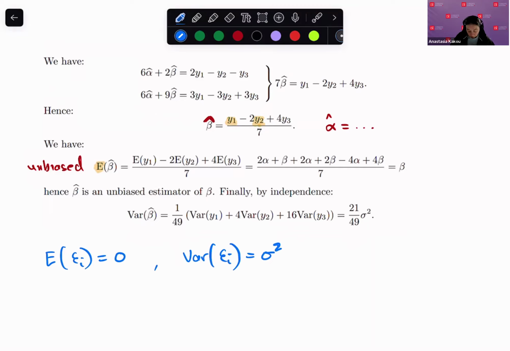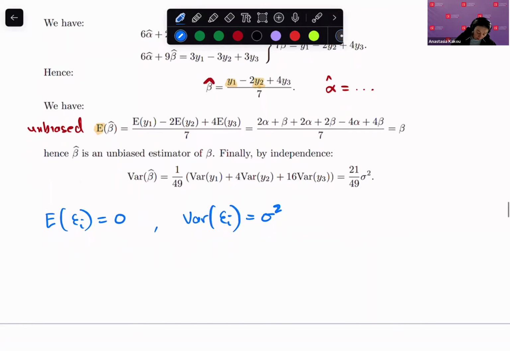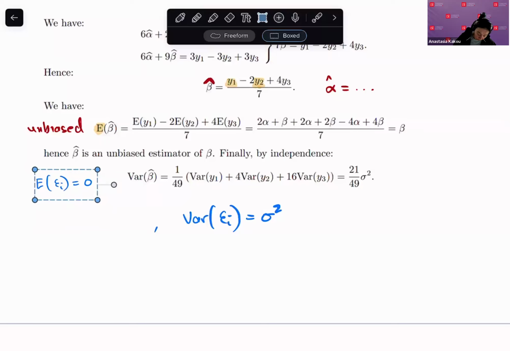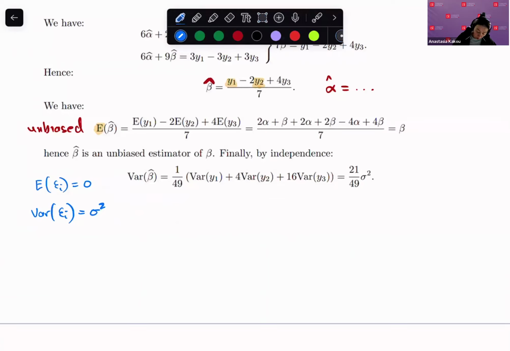Okay, so that's how you prove that last bit. I'm just writing it here to have it in mind.